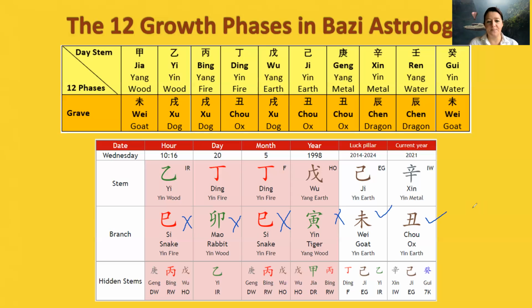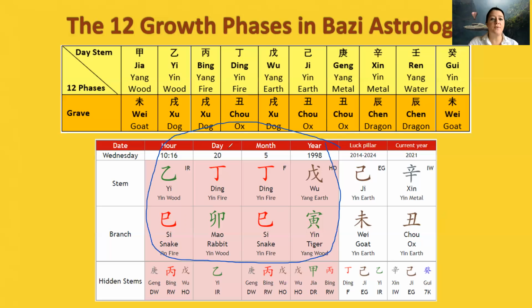Now, there's an additional layer of interpretation. If you see that you have the grave phase anywhere in your chart, in the year, month, day, or hour, we're no longer interested here in the luck pillar or the current year, just the natal chart.